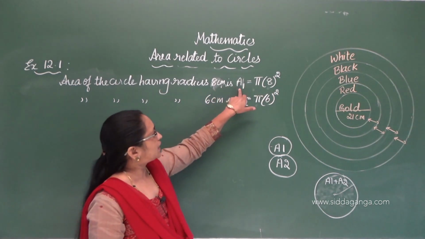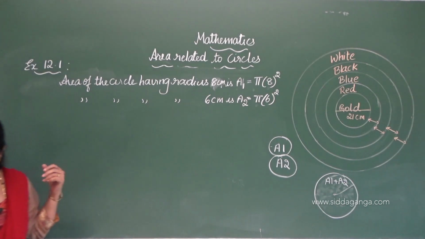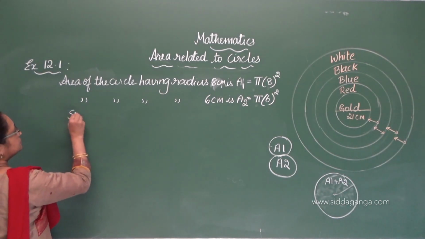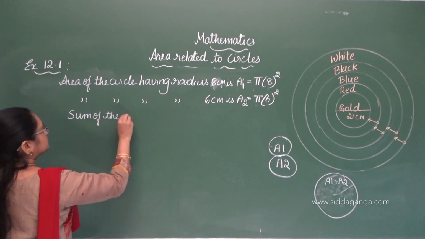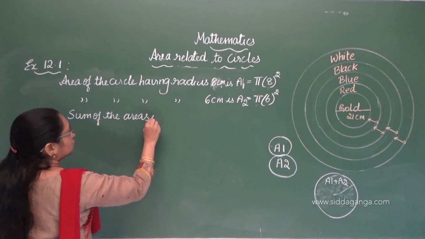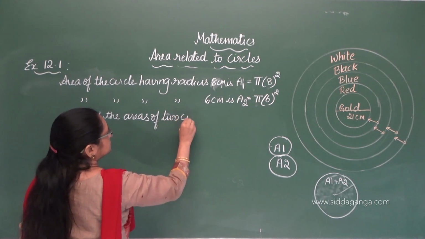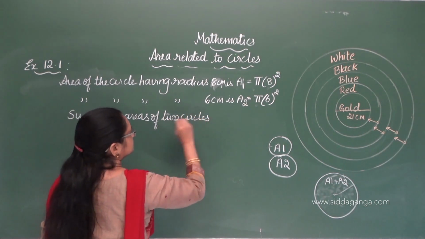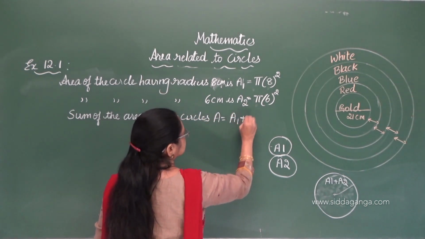Here I take R1 and this is R2. Next, the sum of the areas of two circles, that is A is equal to A1 plus A2.